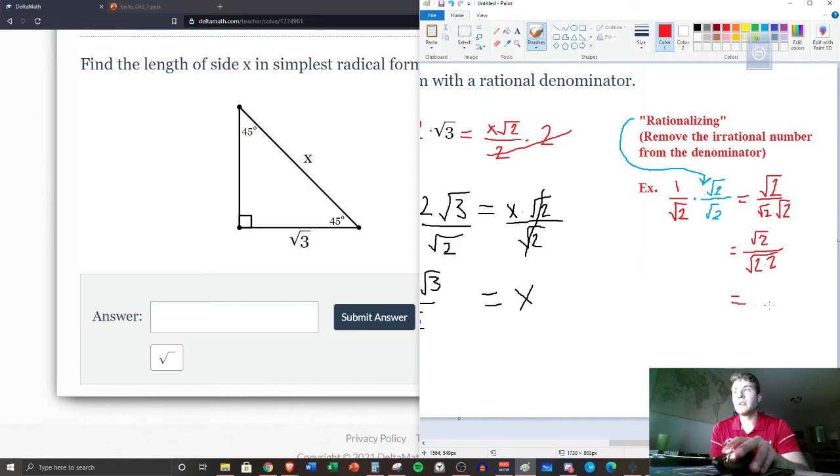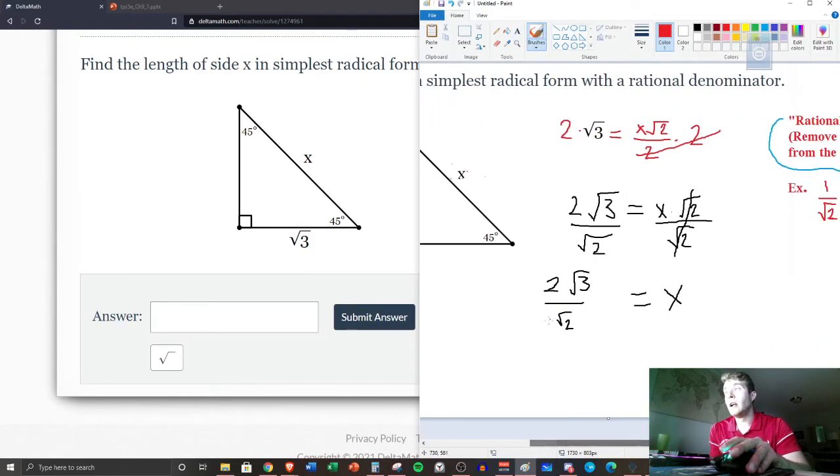This becomes square root 2 over square root 4. And then finally, this becomes square root 2 over 2. So all we did was move this to the top, and we got rid of the square root on the bottom, and it just became a 2. So that would be an example of rationalizing.